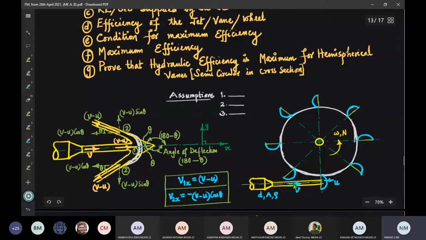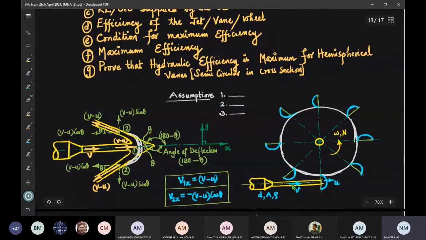So the jet is striking the vane fitted on the wheel, and the jet velocity is v, and the usual basic parameters: the diameter of the nozzle or the diameter of the jet is small d, the area of cross section of the jet is a, the mass density of the liquid is rho, and the velocity of the plate or the tangential velocity of the wheel in this case is taken as u.